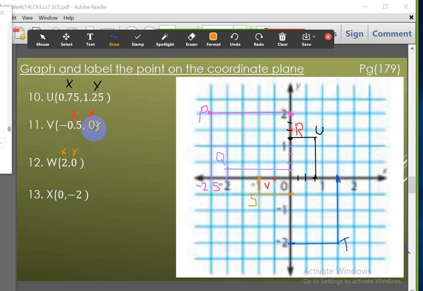When the Y is 0, I told you that means the point is located on the x-axis. So here I have 2 in the x. 2 is positive. That means it will be on the right side of 0. This is 1 and this is 2. So there is no y. That means the point is located on the x-axis. So this is w.